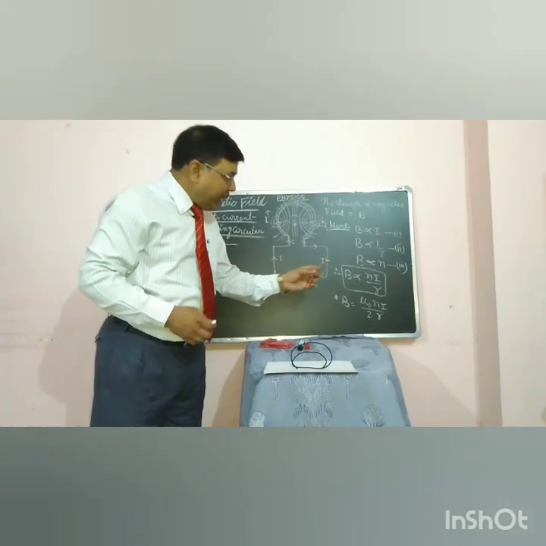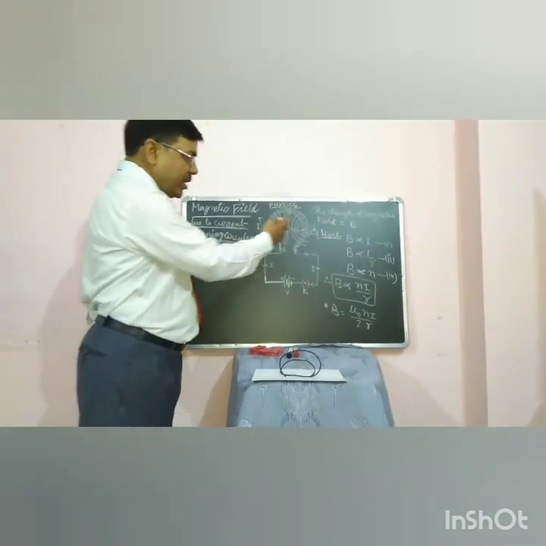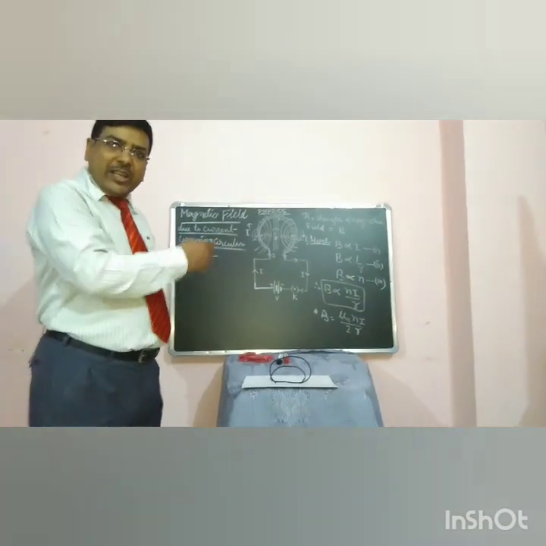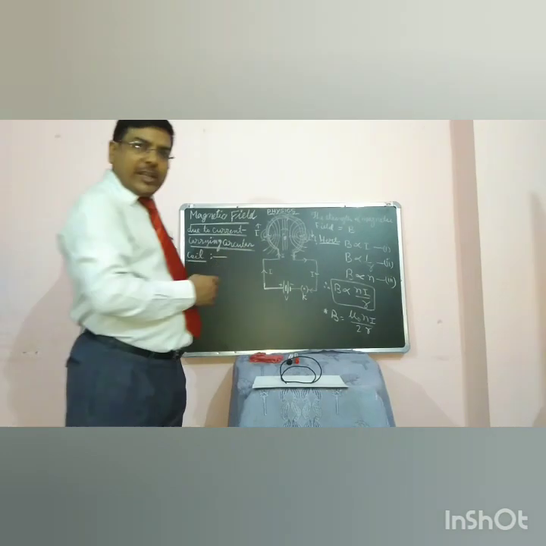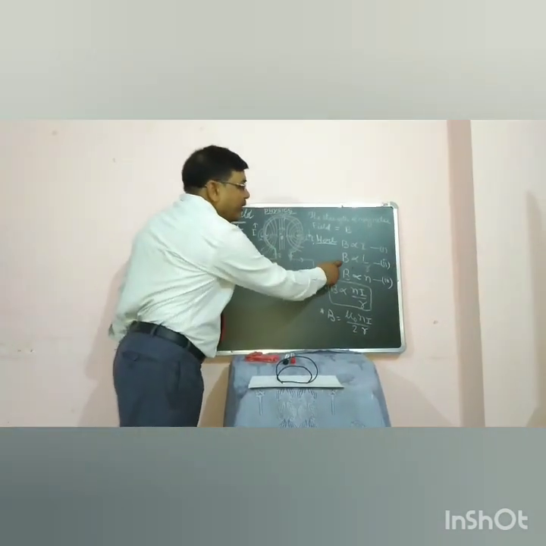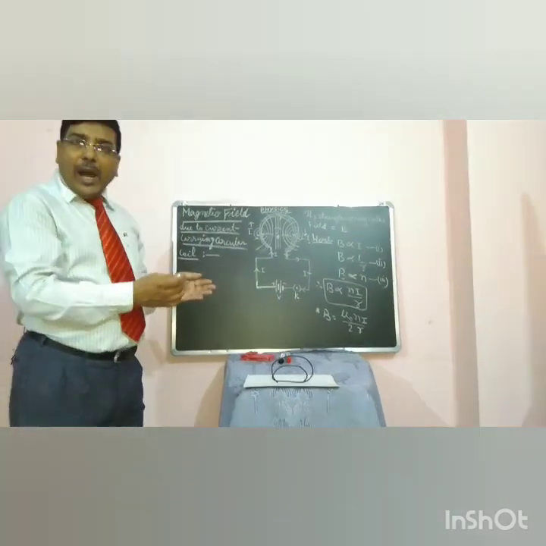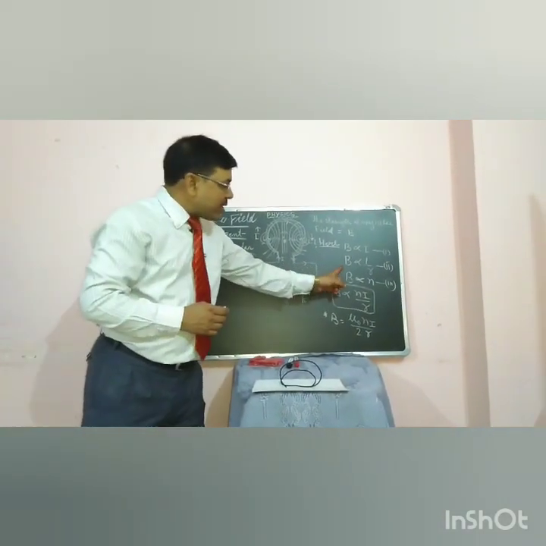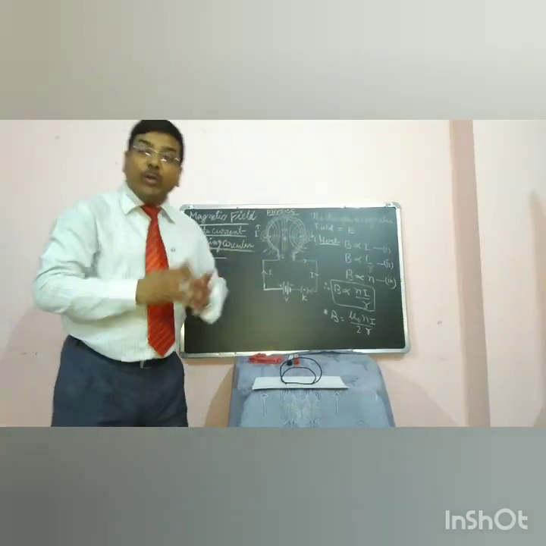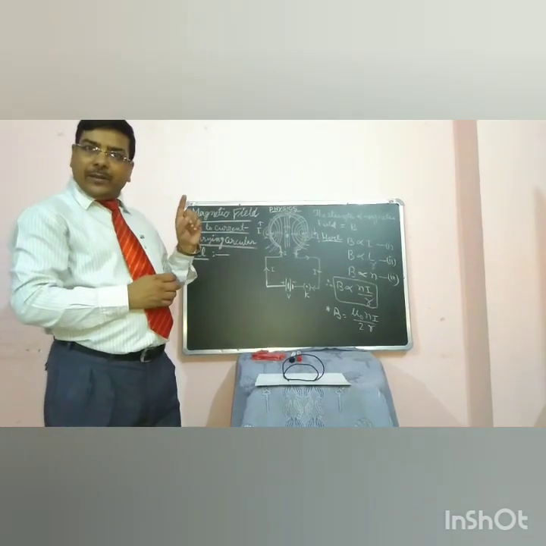Let B be the strength of the magnetic field, the magnetic field induction. So B is inversely proportional to R. If the circular loop becomes bigger, the strength of B will decrease and become weaker. So it is inversely proportional.